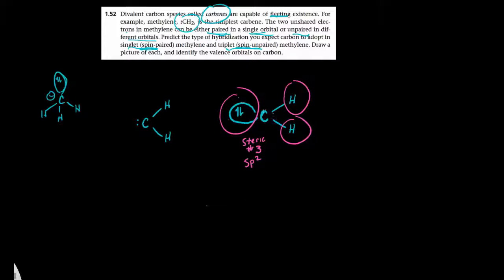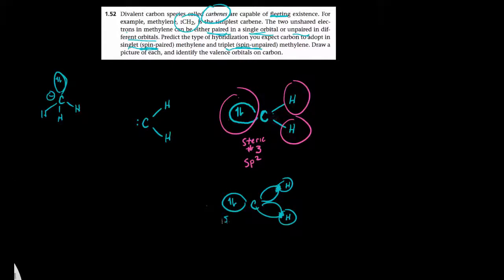And if it's sp2 hybridized, that means that it has 3 sp2 orbitals. So it has this sp2 orbital with the lone pair in it. There's another one and another one. And then the hydrogens are hanging out here and here, their 1s orbitals overlapping with the other 2 sp3 orbitals. And so that's where we get these sigma bonds there.